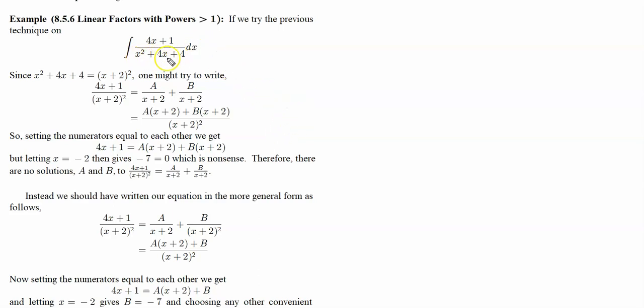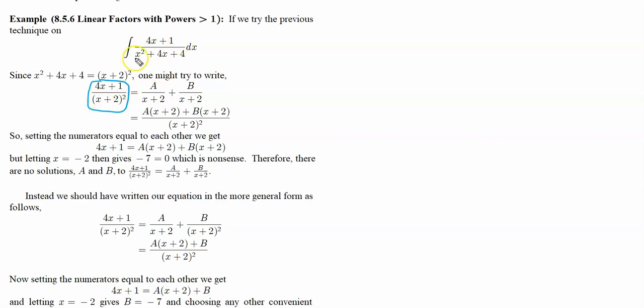So you'll notice that with this rational function, the denominator factors as x plus 2 squared. So based on what we looked at previously, it would seem reasonable that we would take our function, 4x plus 1 over x plus 2 squared, right?